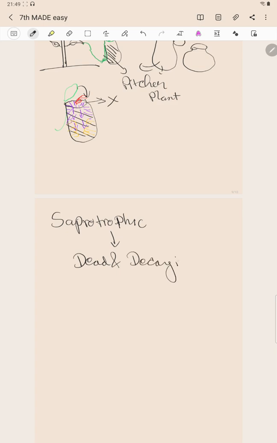This is the important phrase, guys: dead and decaying matter. In the saprotrophic mode of nutrition, an organism depends on dead and decaying matter for its food. That is where it's highly different from the parasitic mode of nutrition, where there is a host.